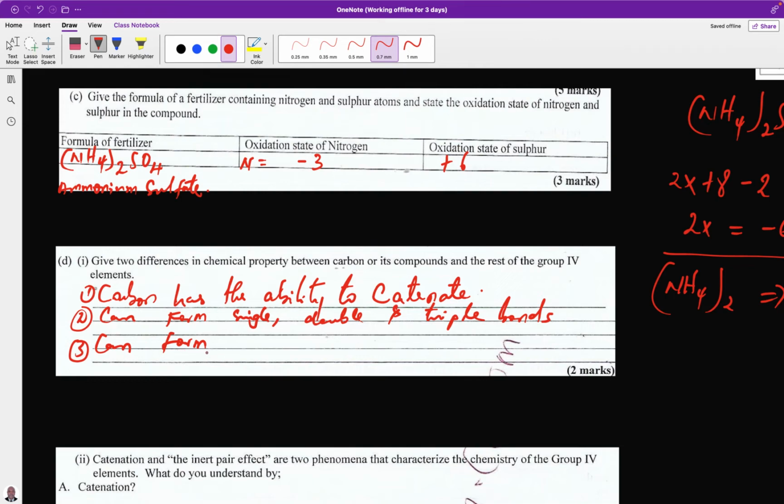Can form 4 bonds, or chemical bonds, 4 bonds to other atoms. In that case, we can say sp3 hybridized.